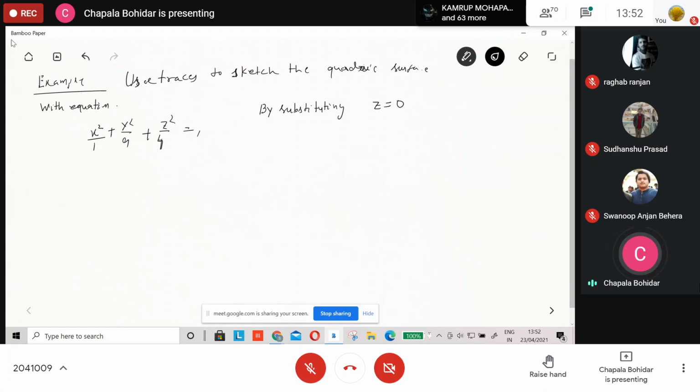We are getting x square by 1 plus y square by 9 is equal to 1. So it is the equation of what type of surface, and where does it lie?